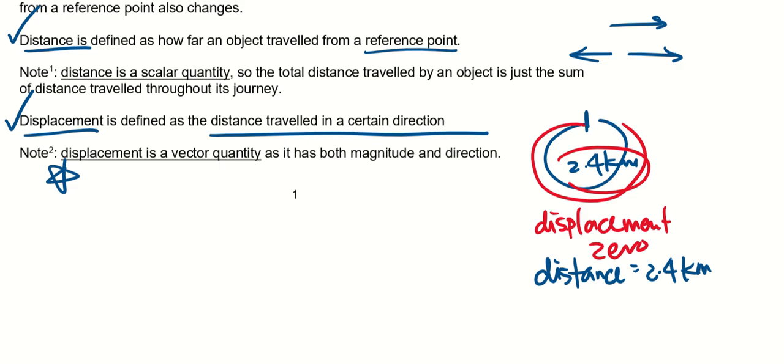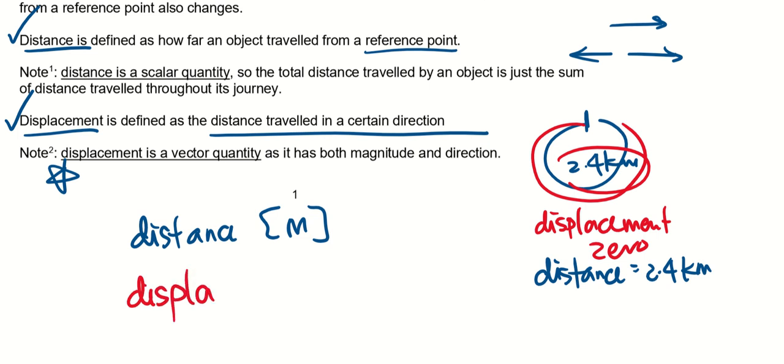Remember SI unit we covered in chapter 1. Distance, the SI unit is meters. Displacement, the SI unit is also meters. Same. Because one has direction, the other doesn't.